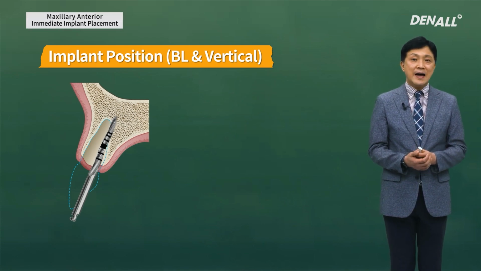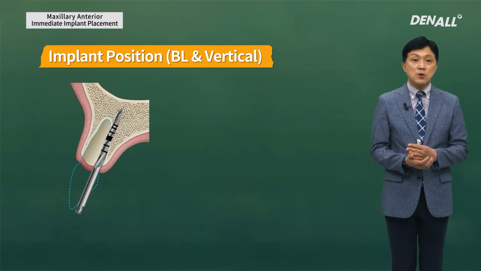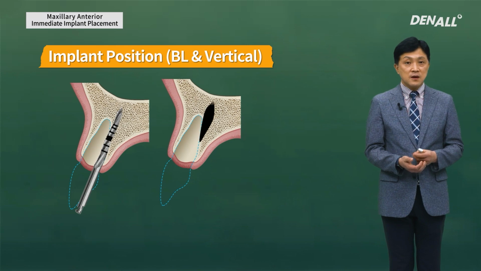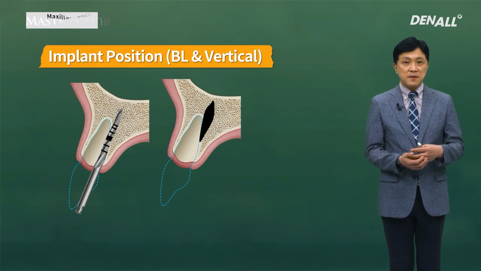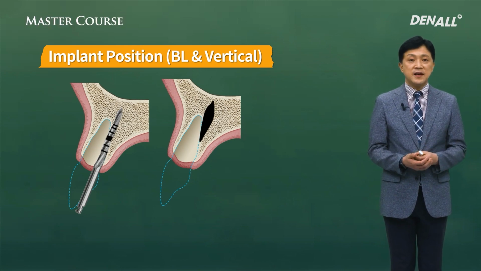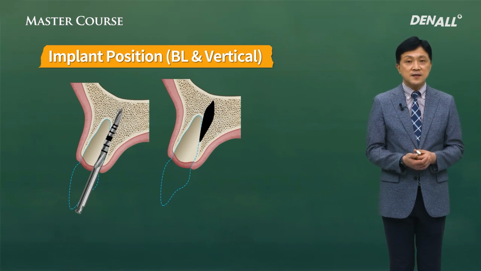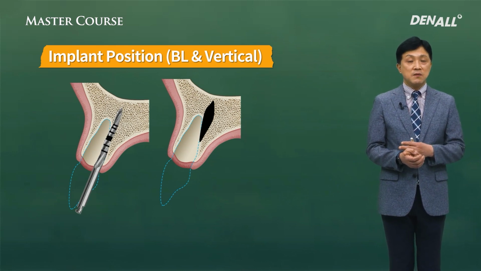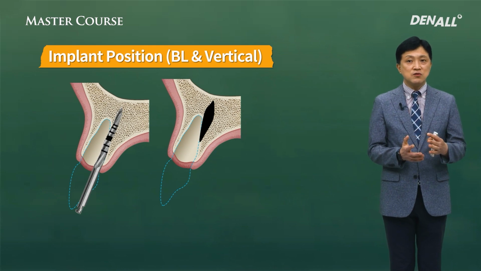On the palatal side, the drilling will continue so as not to invade the apex area. After initial drilling, a tapered drill is used to create a drill hole like this. We need to drill as far palatally as possible to preserve the labial bone properly.